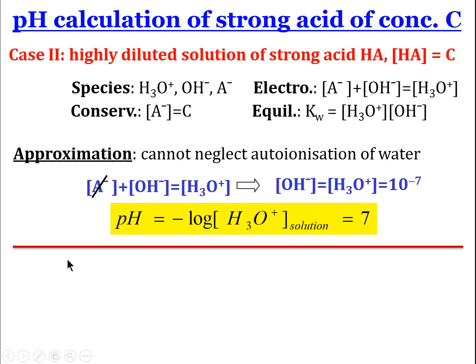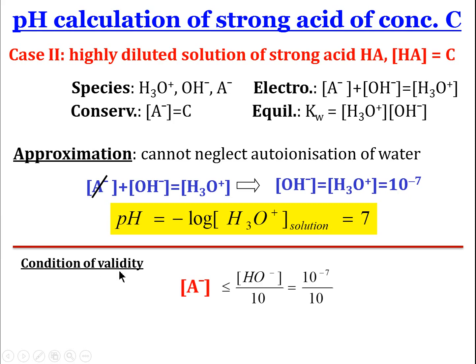What is the domain of validity of this formula? In this formula, pH equals 7 is obtained when we suppose A minus is negligible with respect to OH minus. So the concentration of A minus is less than or equal to [OH-] over 10, less than 10 minus 7 over 10.